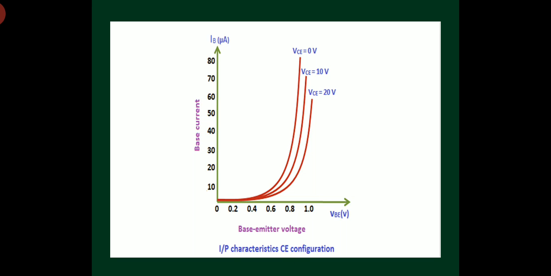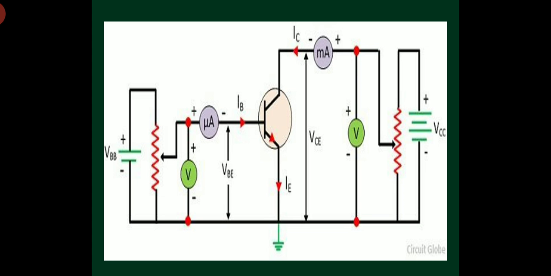Let us suppose VCE equal to 0. VCE equal to 0 means what? Always the input junction is forward biased and the output junction is reverse biased. So now I am making output junction VCE equal to 0, which means the reverse bias applied is 0.